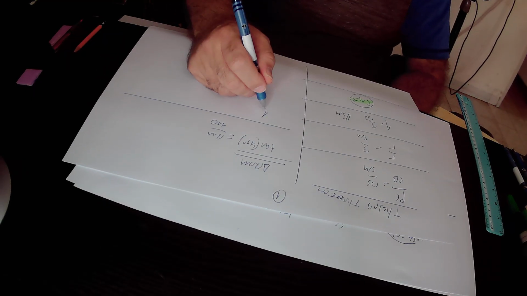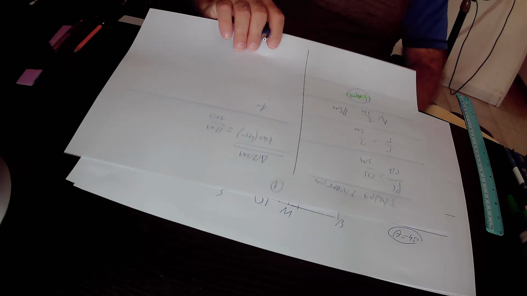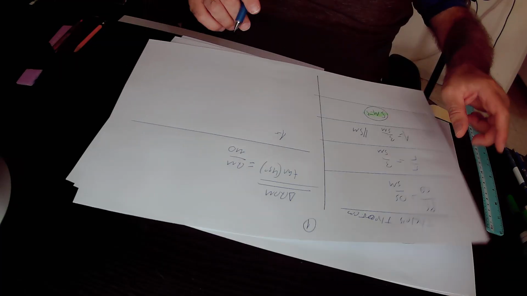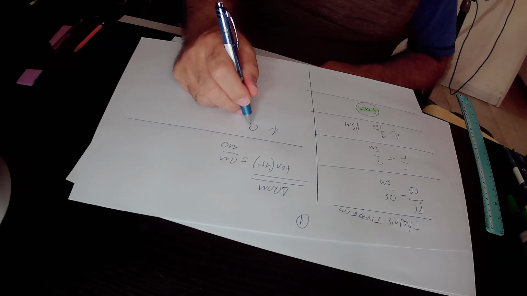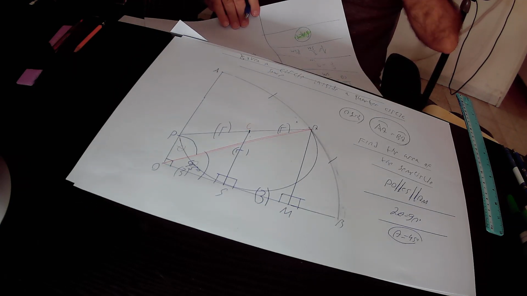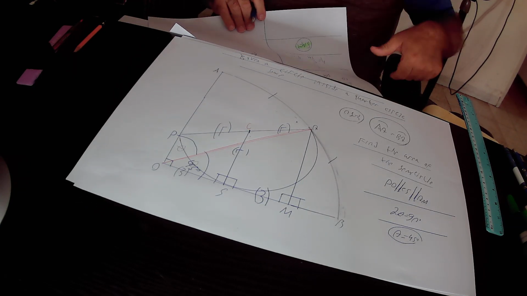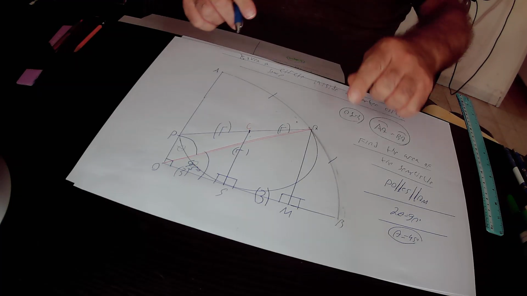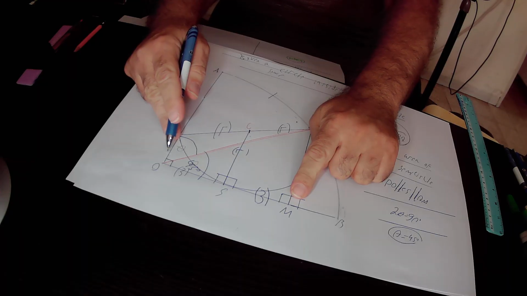So 1 equals QM. QM is the missing side, so it is this. Over MO. MO equals 3 plus 3, that is 6.